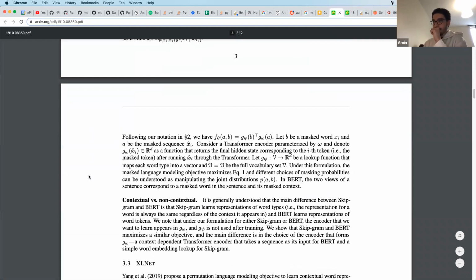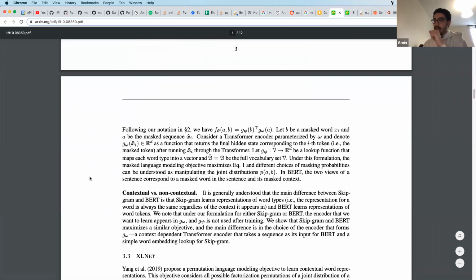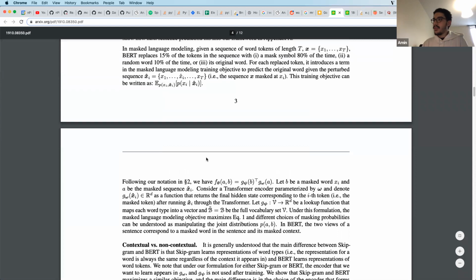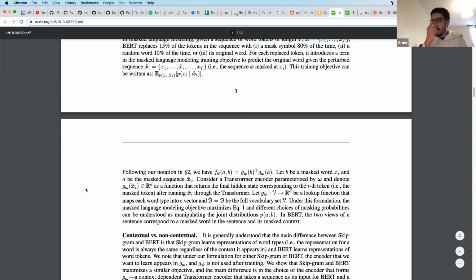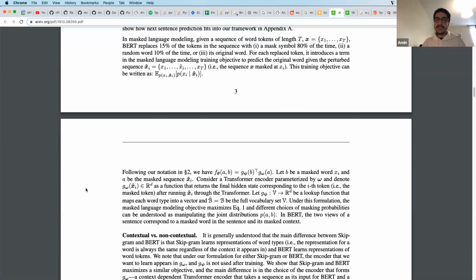So you can see how if you consider your G of omega to be a transformer encoder, and your G of phi to be just an embedding lookup function. In this case, lookup just means the embedding vector that you give to the model for each word type.